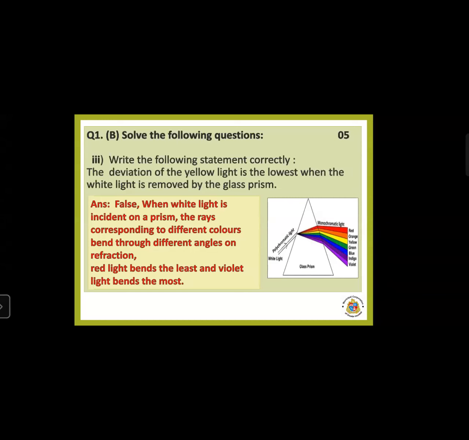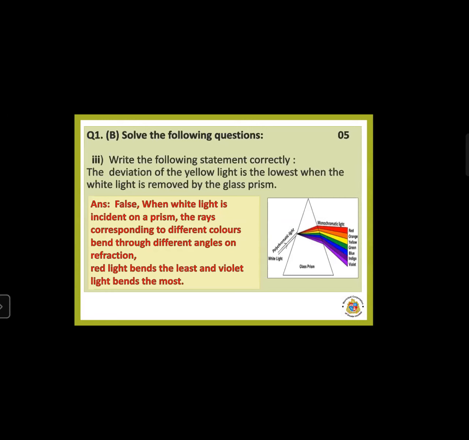The rays corresponding to different color bands bend through different angles on refraction. Because of the refraction, there is a band of spectrum. So it gets dispersed into 7 colors, that is your rainbow colors. And here the red light bends the least and the violet light bends the most.